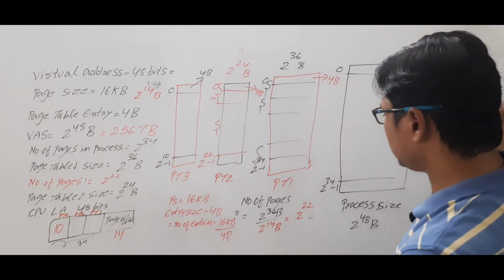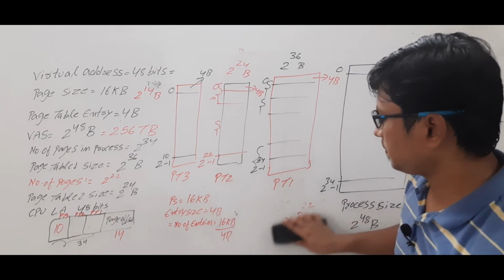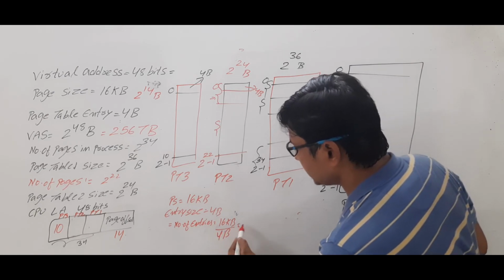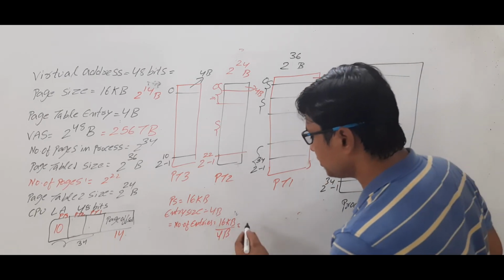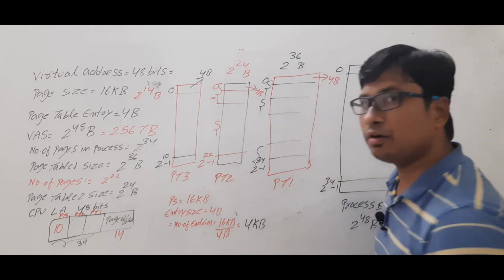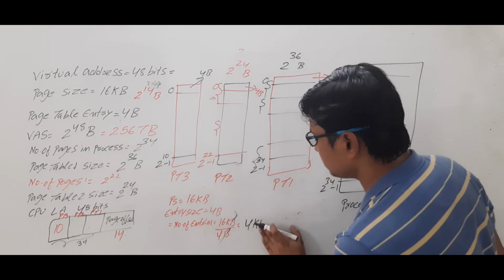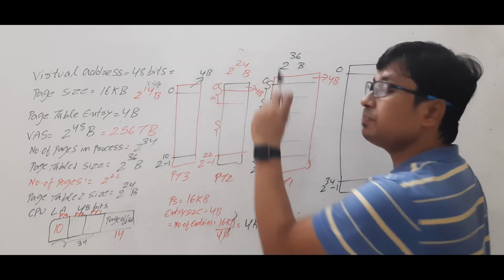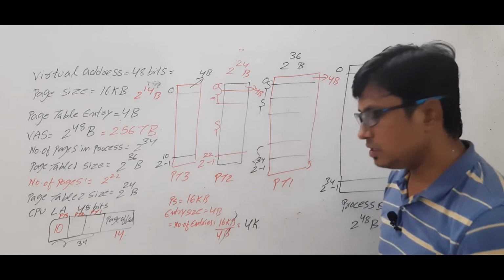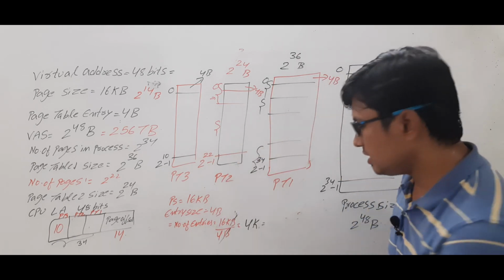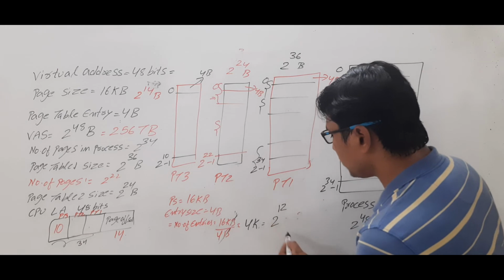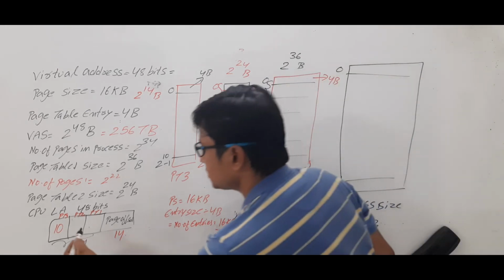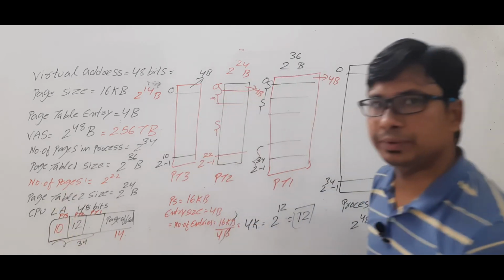Are you able to understand? 16 KB by 4 bytes is equal to 4K, as the bytes cancel. So you have 4K entries in a single page of page table 2. If you have 4K entries, you need 2 power 12, so 12 bits are required. So page table 2 will have 12 bits.